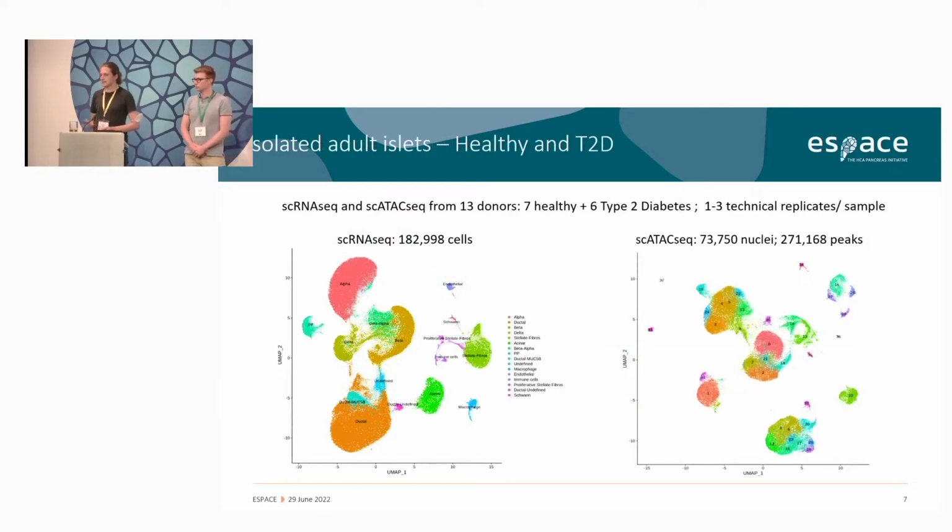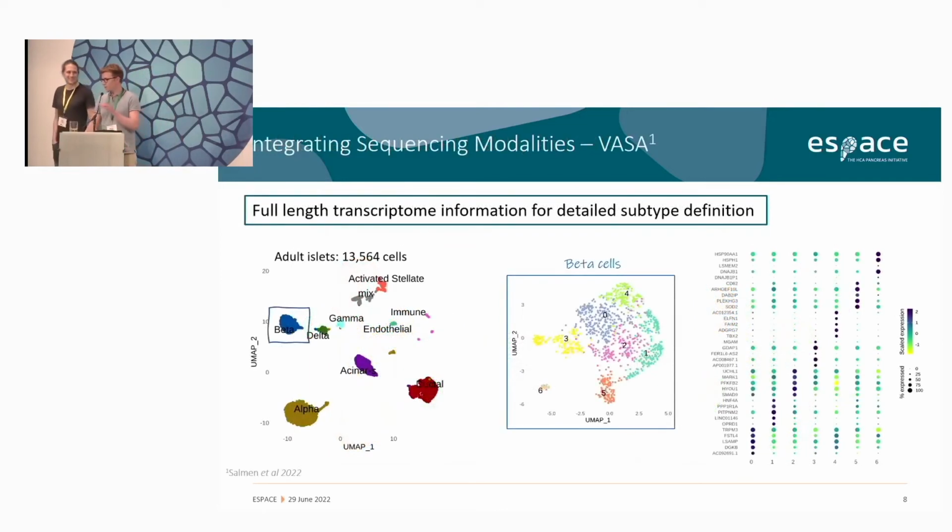Going further into the isolated adult islets, we again use this to inform the disease states, and had done a single cell RNA sequencing of whole cells this time, not only nuclei, and single cell ATAC sequencing, and now venturing into comparing this to our reference. And with this, I hand over to Diego. He will give you more insights into the questions.